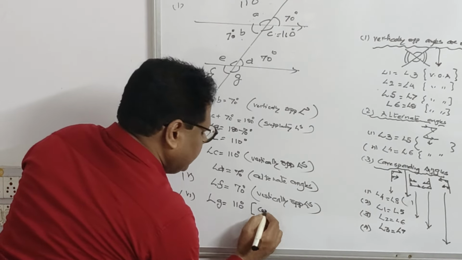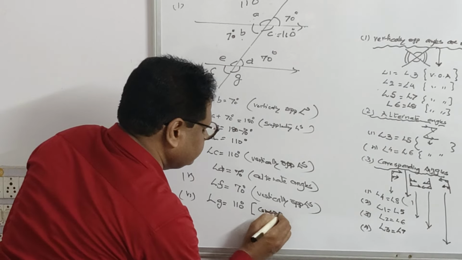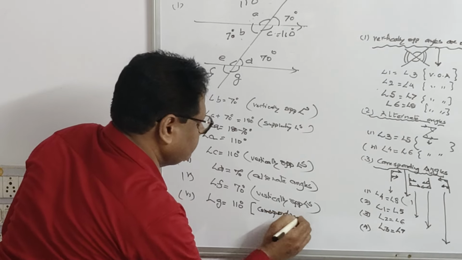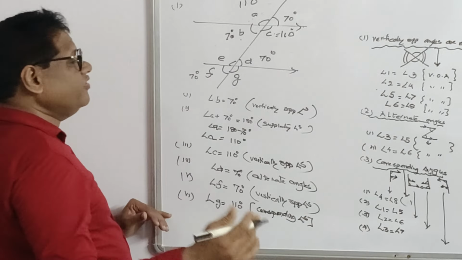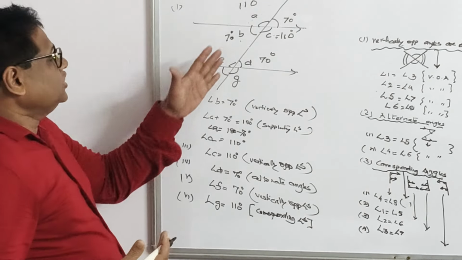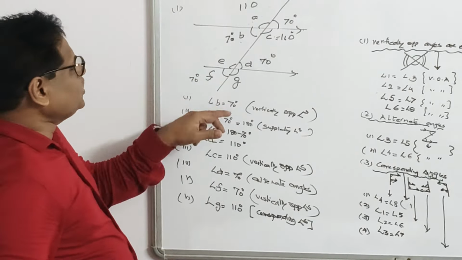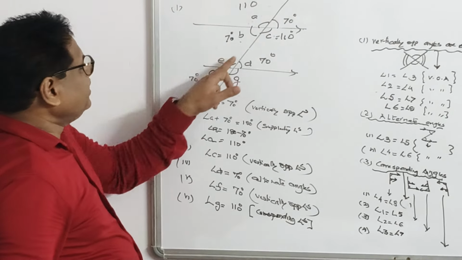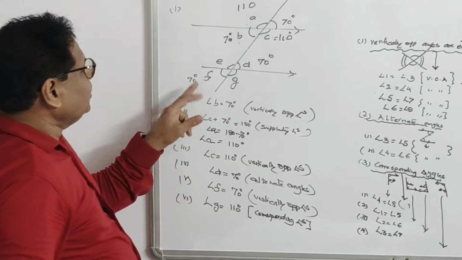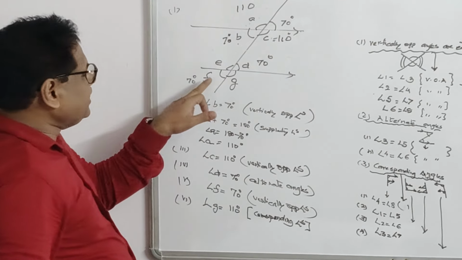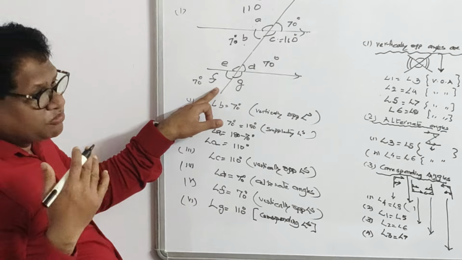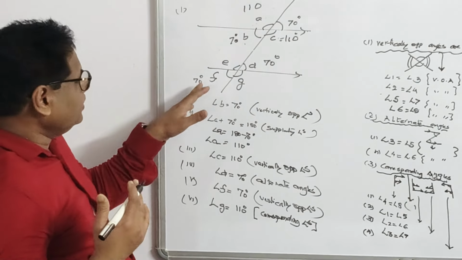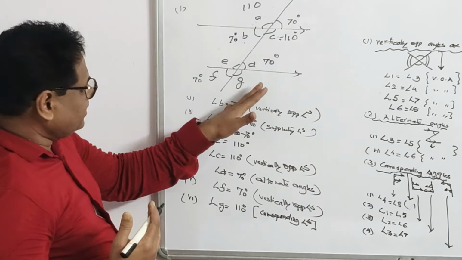Reason, corresponding angles. See, there are different ways to chase the solutions. We can also find this particular angle F, same applying corresponding angles, or you can add up G plus F equals 180 degrees, corresponding angles of a straight line or supplementary angles.